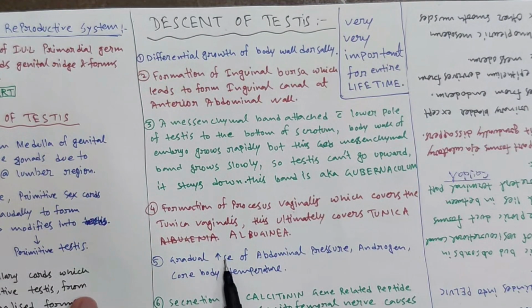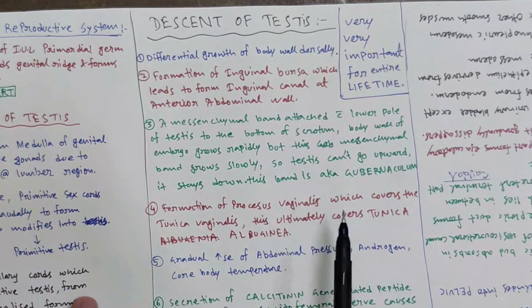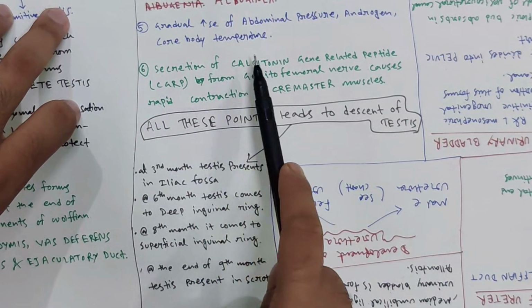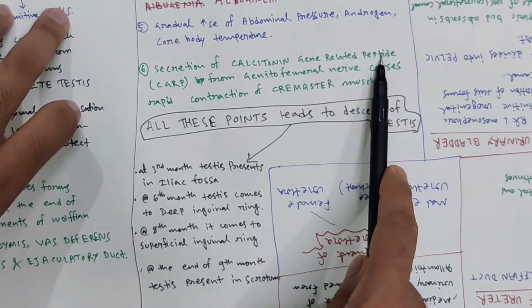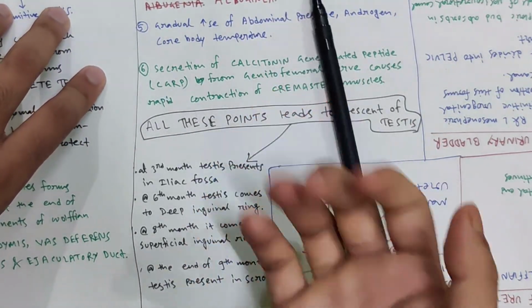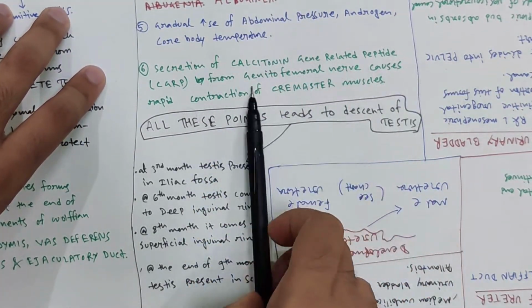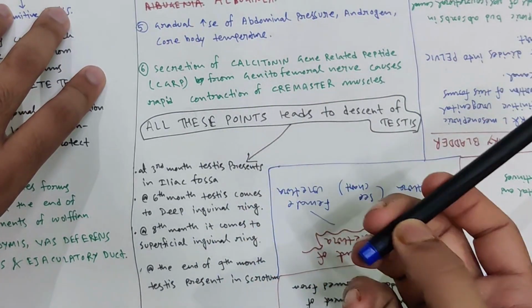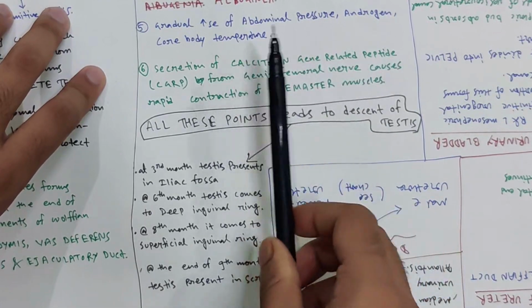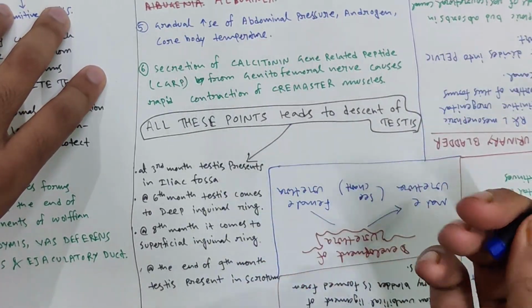Next, a gradual increase of the abdominal pressure, androgen hormones in the blood, along with the increase of the core body temperature. The sixth point is the secretion of calcitonin gene related peptide, CGRP, from the genitofemoral nerve, which causes rapid contraction of the cremaster muscles. About the cremaster muscle anatomy, you already know. This CGRP, we'll talk about in detail in the physiology and biochemistry chapter, not here.